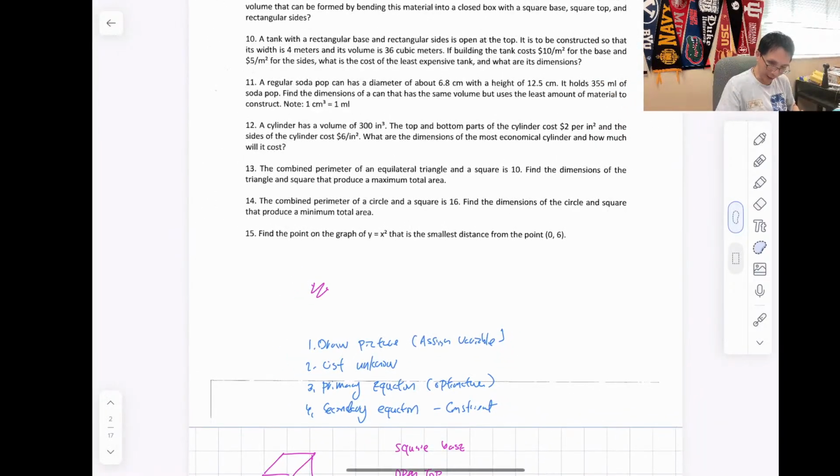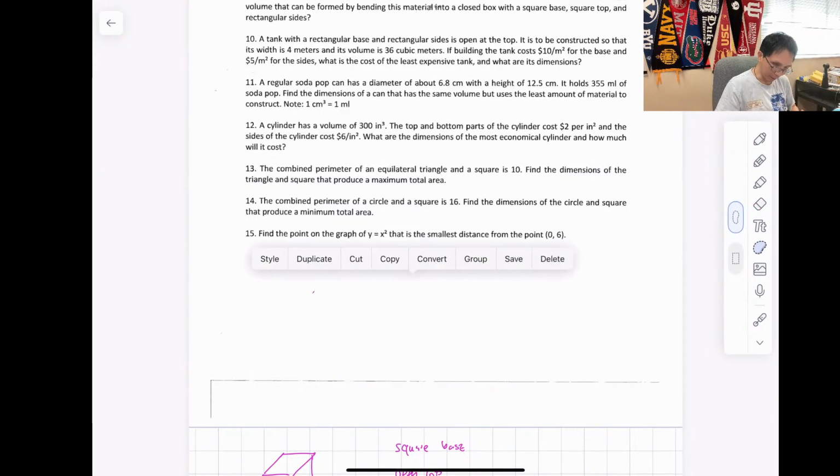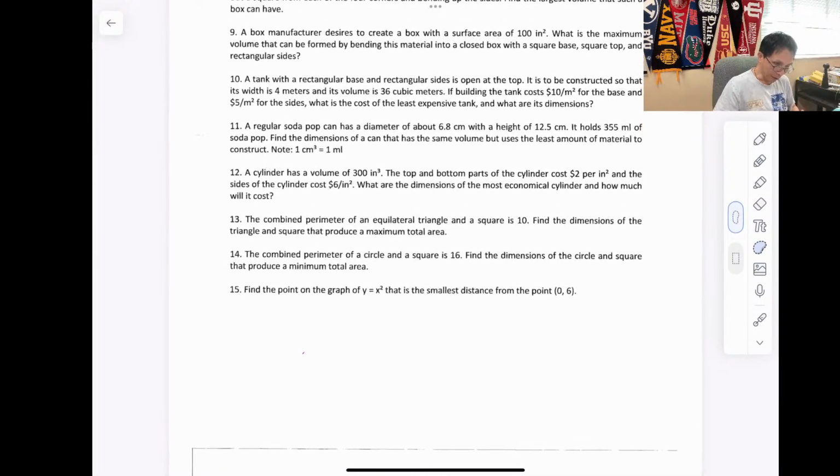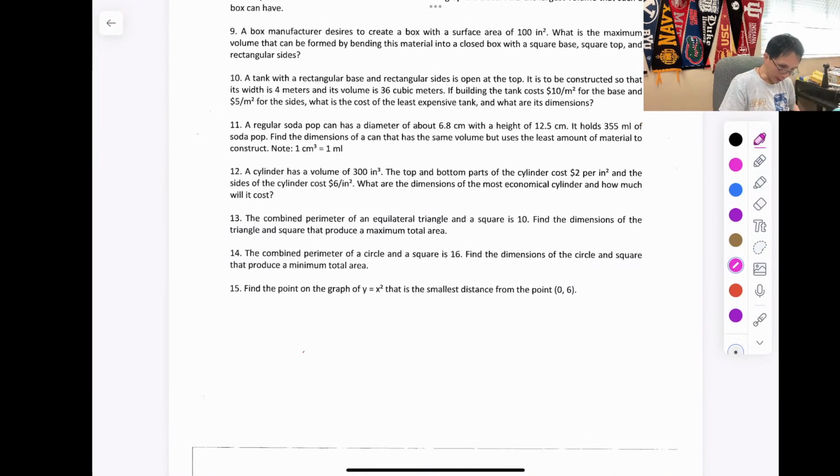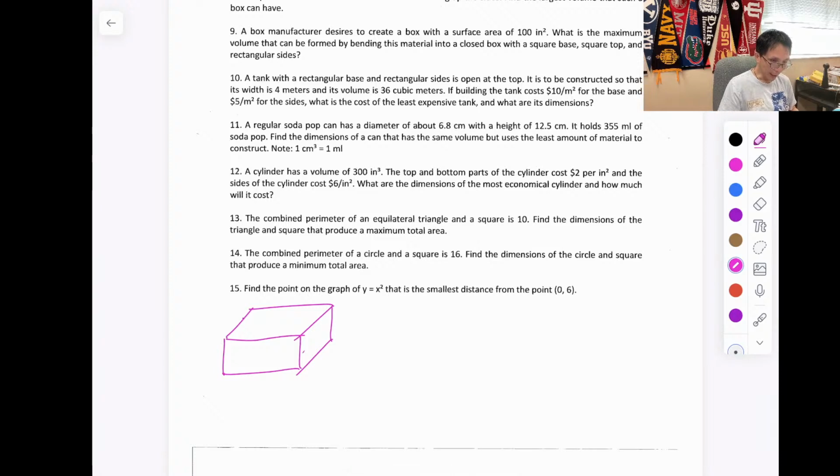So we're going to write down these questions here and figure out what happened. We draw out a tank, and we say the base. The volume is going to be exactly 36, and the width is 4.